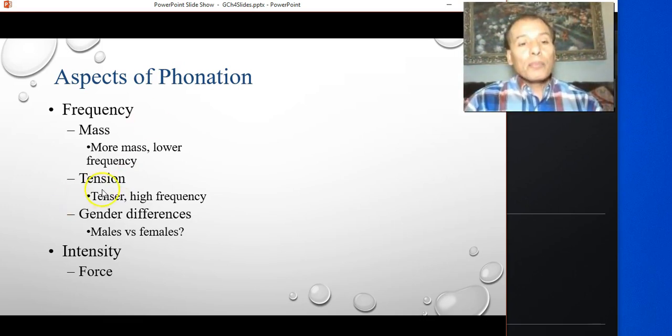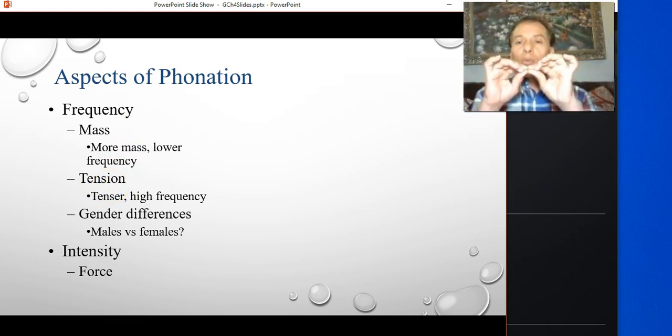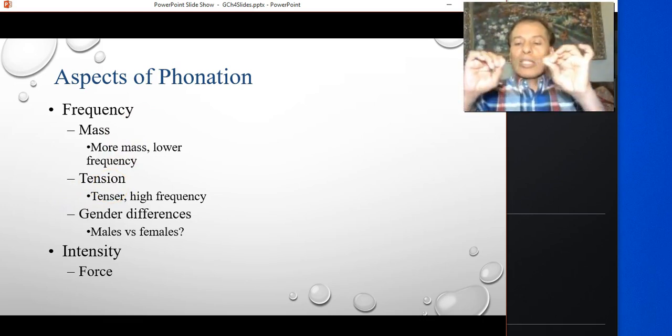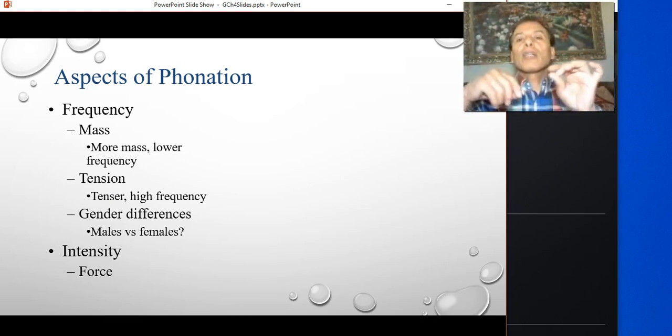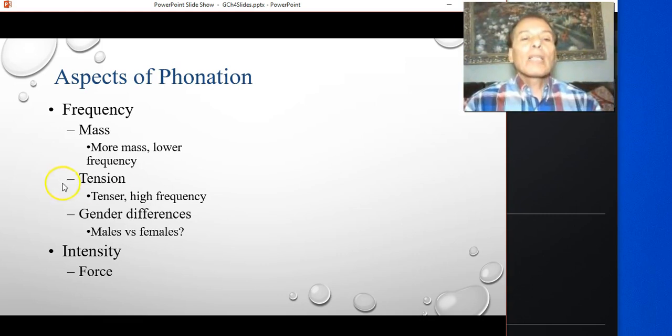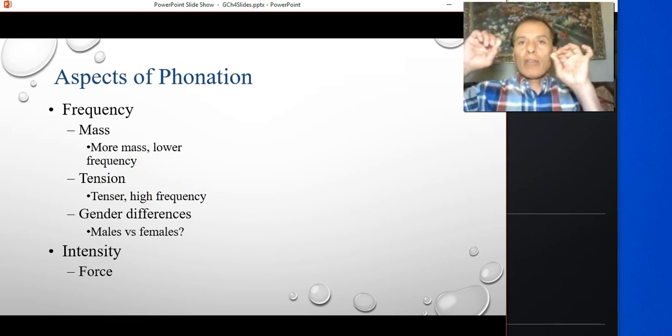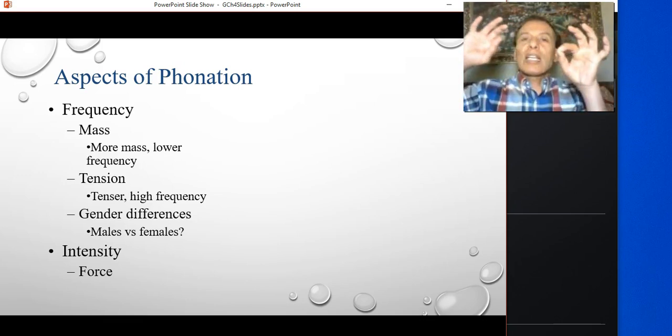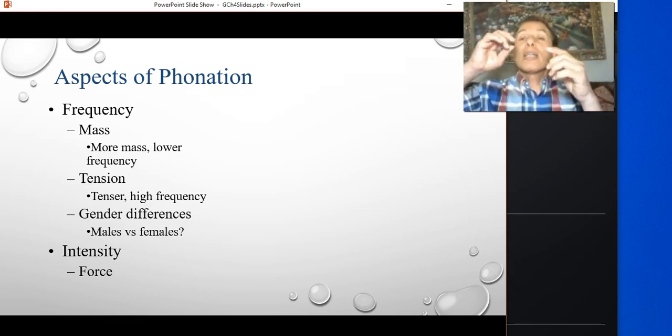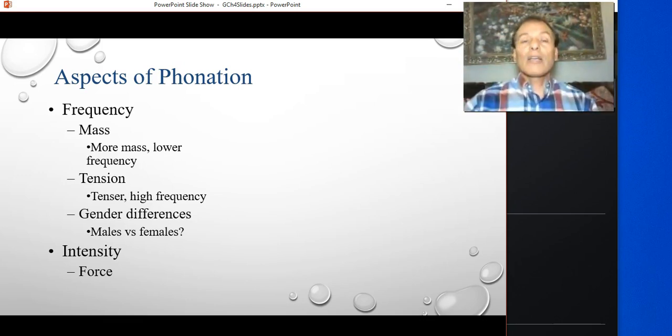And then tension: a vocal fold that is more tense will vibrate faster than a vocal fold that's less tense. Let me take my own vocal fold. If I want to make it higher pitch, I'm going to increase the length of it, and that will increase the tension of it, and that will make it vibrate at a faster rate.